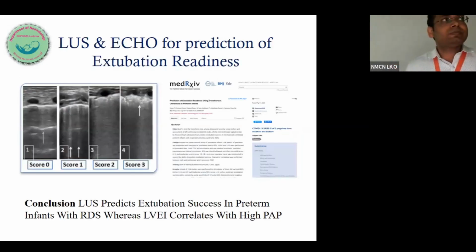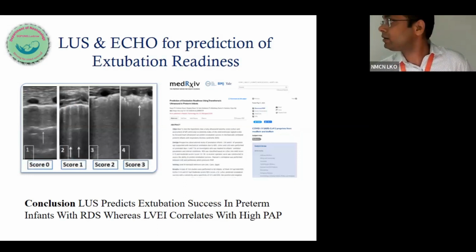So there was this study based on lung ultrasound and echo parameters, which help in predicting the extubation. This was done in RDS babies. You can see there was scoring in 6 zones of the lung, which included the anterior chest wall, right upper and right lower, left upper and left lower, and then the axillary areas from the 2 sides.